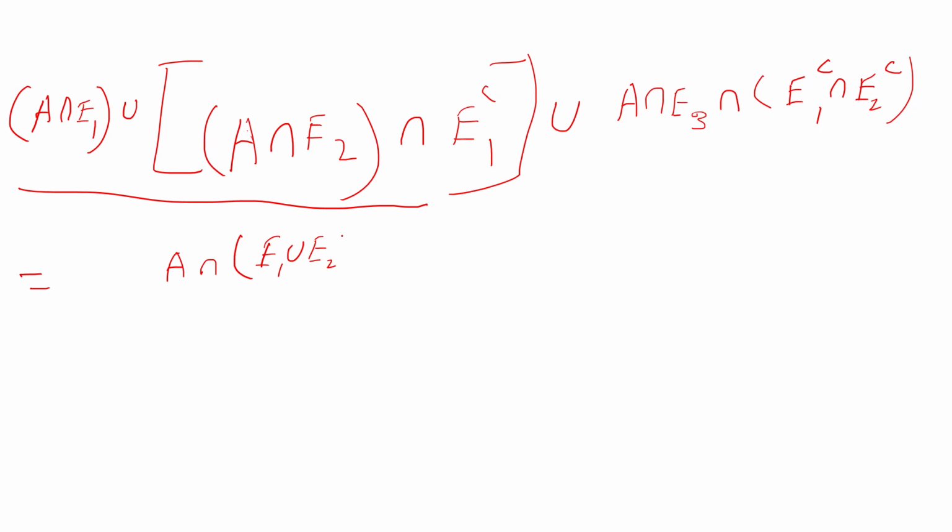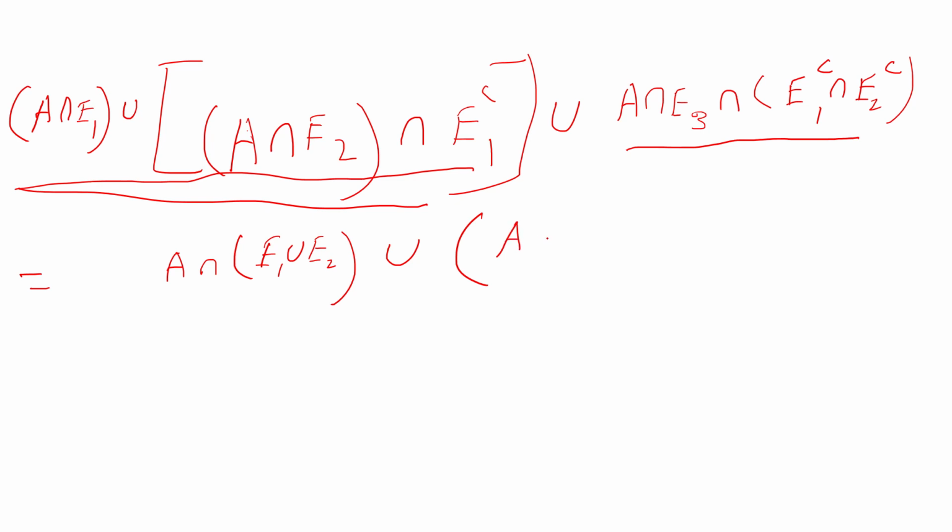That is, we have already shown that from here to here it is equal to A intersection union E1 union E2, and then you have to take union here. So from here, this one again, you can show that this is exactly equal to A intersection E3, then you take out E1 union E2.